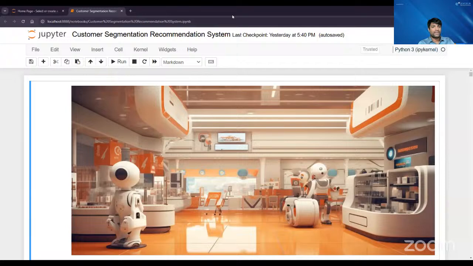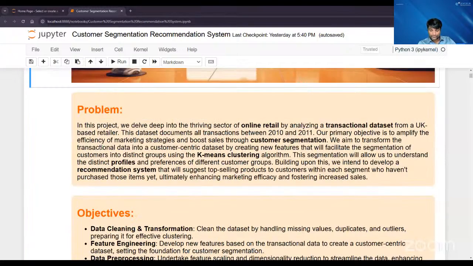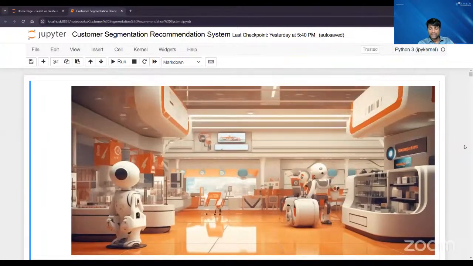So customer segmentation and recommendation system, right? When we started this, I'll give a brief recap of what we discussed yesterday, and then I'll continue from where we left off. So just a brief glimpse.